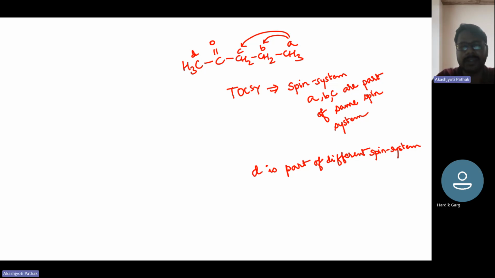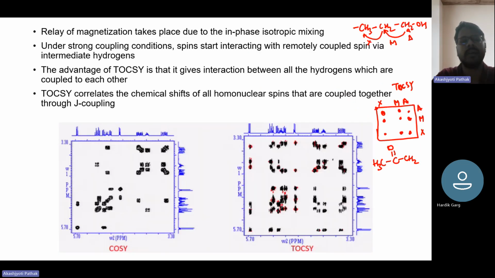If we leave aside this density operator expression and the mathematical calculation, the advantage of using TOCSY is what I discussed just now. The advantage of TOCSY is that it gives interaction between all the hydrogens which are coupled to each other, either directly or indirectly.